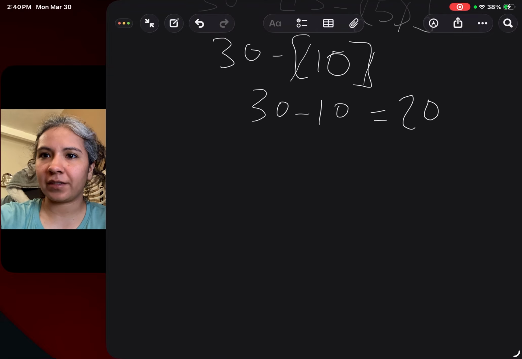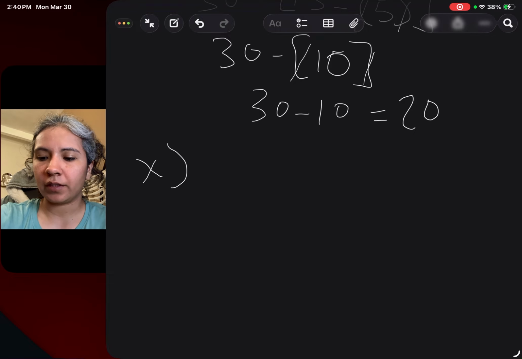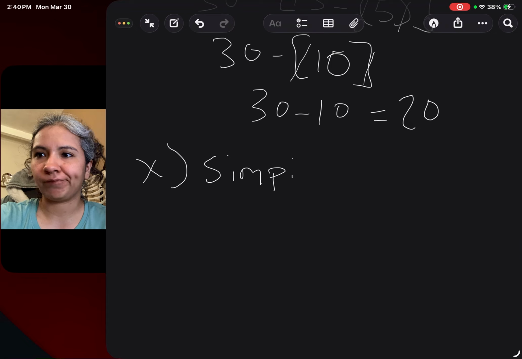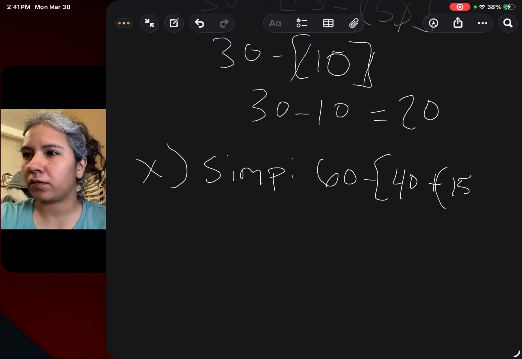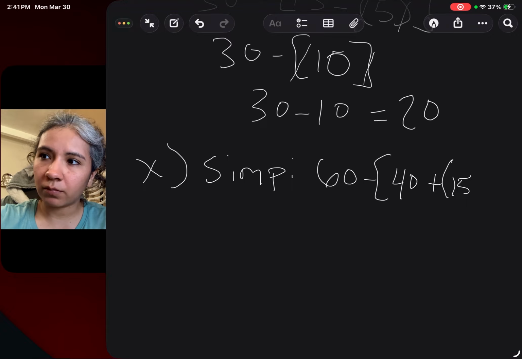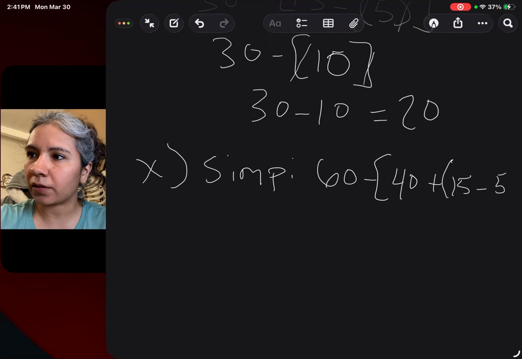So let's go ahead and do another example. Let's simplify 60 minus [40 plus (15 minus 5)].